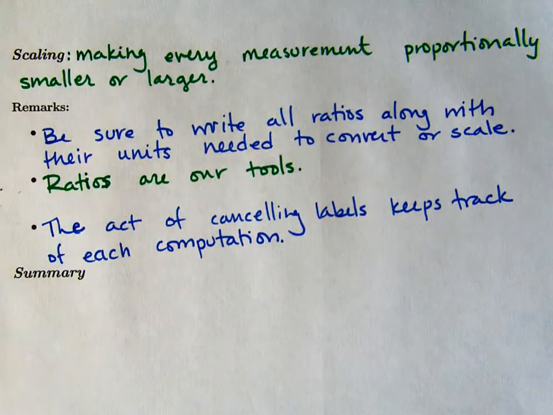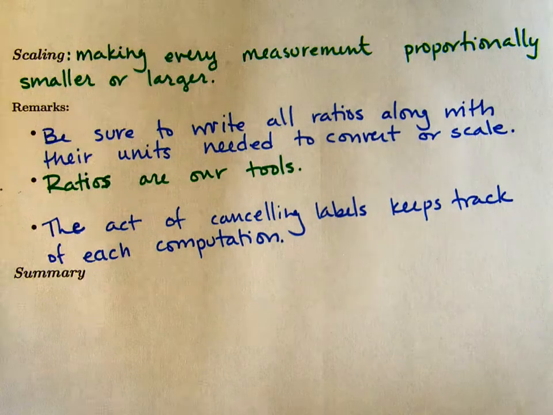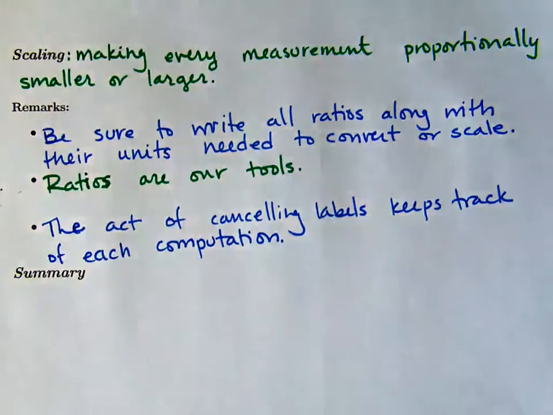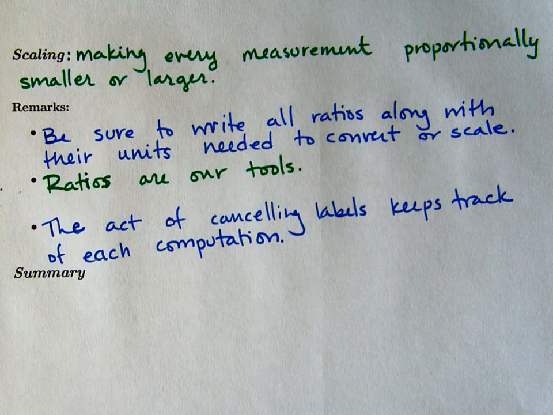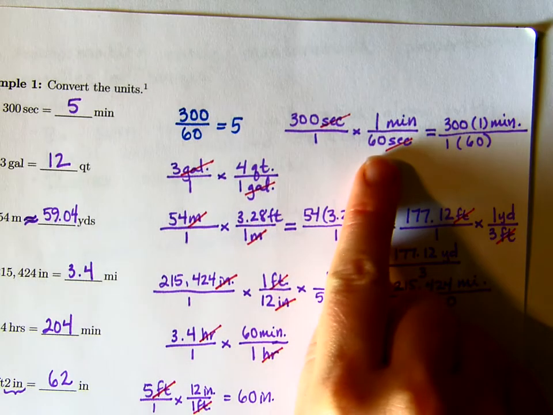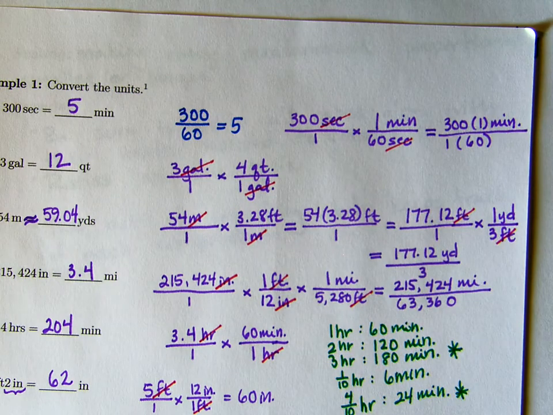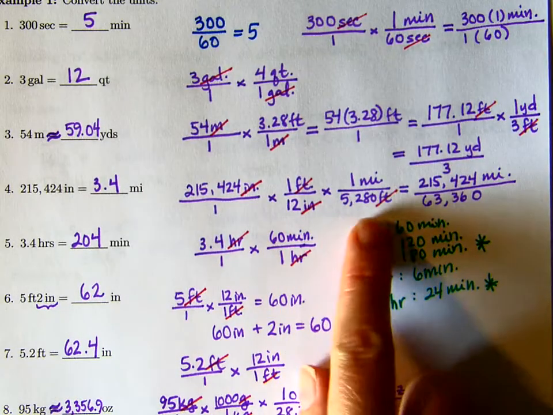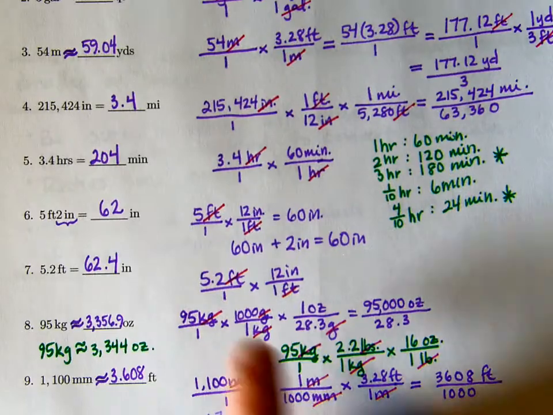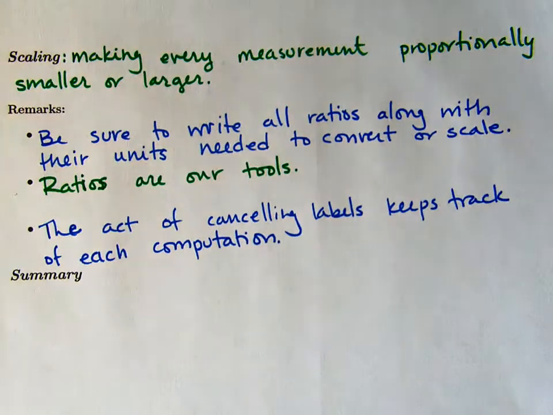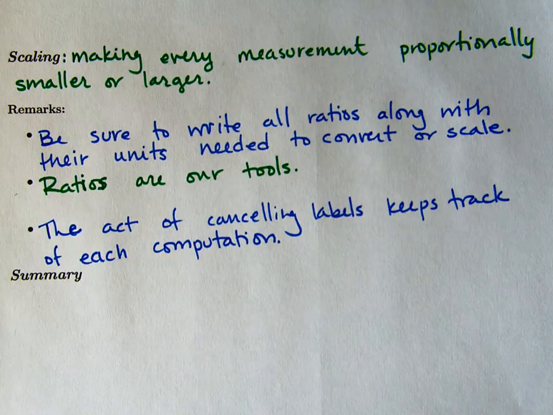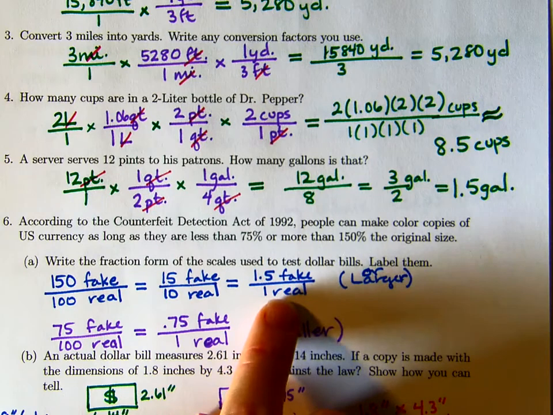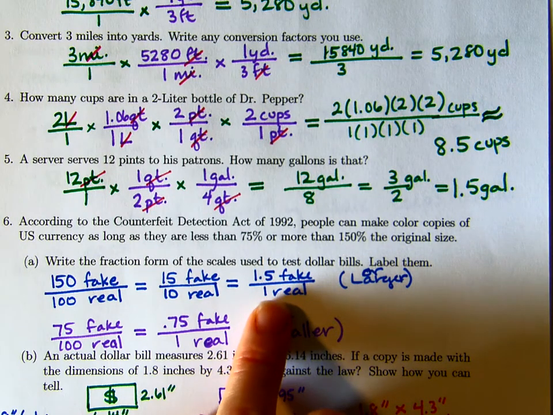And sometimes all you need is one conversion and sometimes you need 3. So for instance here, sometimes you only need 1 conversion factor or unit ratio, and sometimes you needed 2. I mean, sometimes you need more. But basically at the end of the day, your job is to make sure that you have the ratio you need.